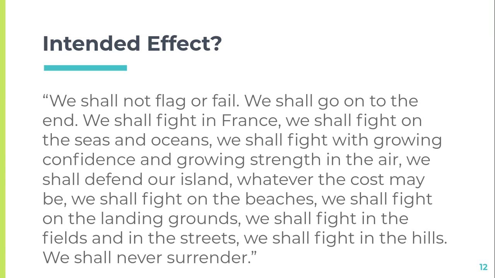So what was the intended effect here? I'm going to let you go ahead and pause this again and pop down what you think. You can correct this after we discuss in a second, but what do you think the intended effect of all that repetition was?